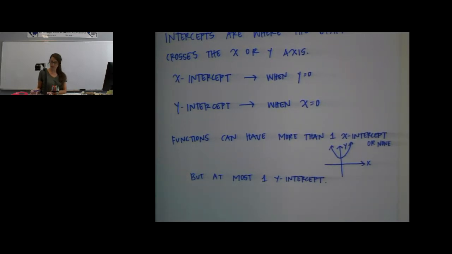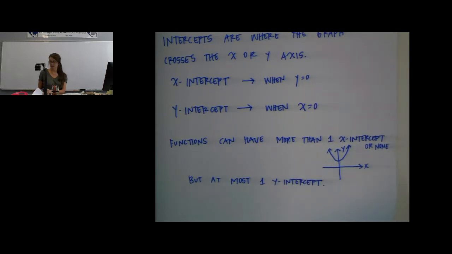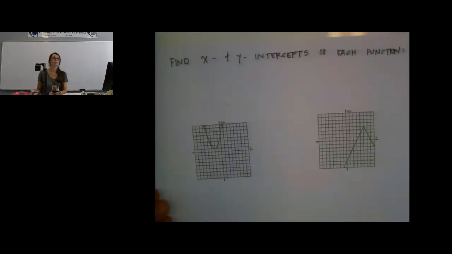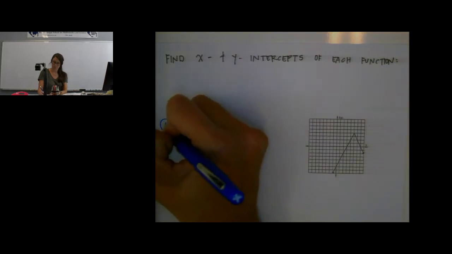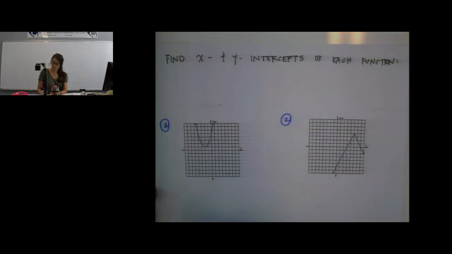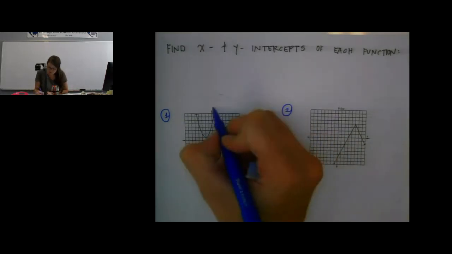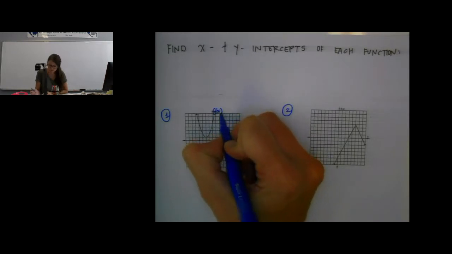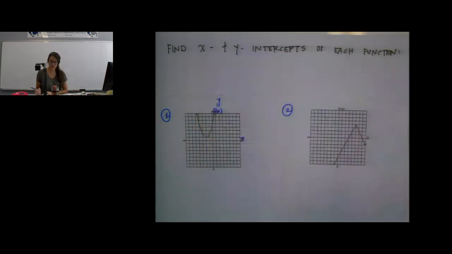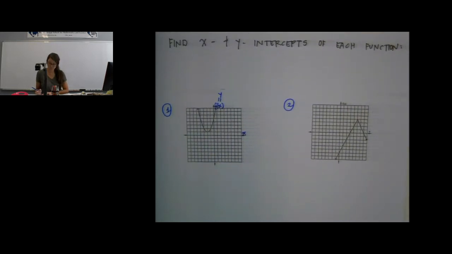All right, so let's look at those graphs that I gave you. I want to find the X and the Y intercepts of each one of these functions here. Okay, so let's look at this number one here. So remember, here's my X axis, and here is my f of X axis, which means that's my Y axis, right?